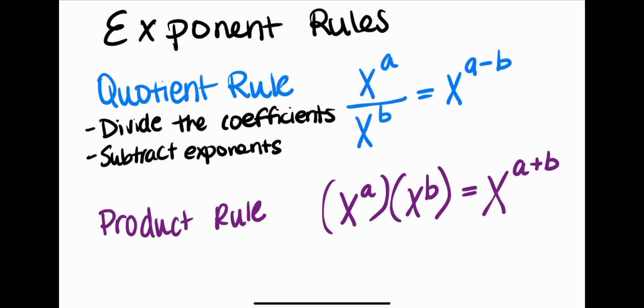So the gist there is you're going to multiply your coefficients as normal because it is a multiplication problem.